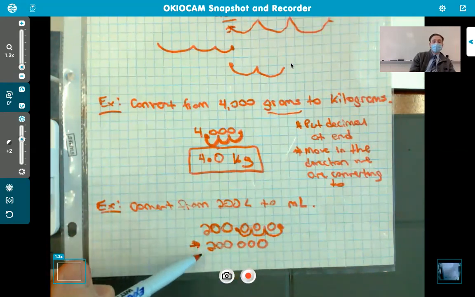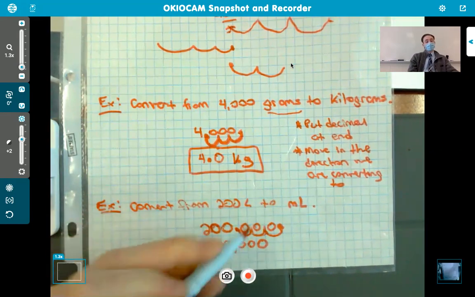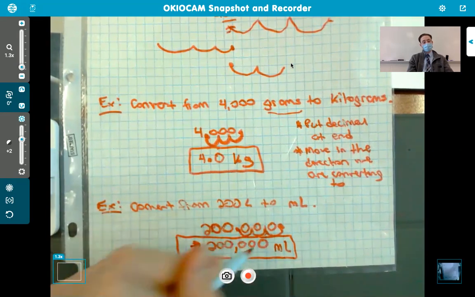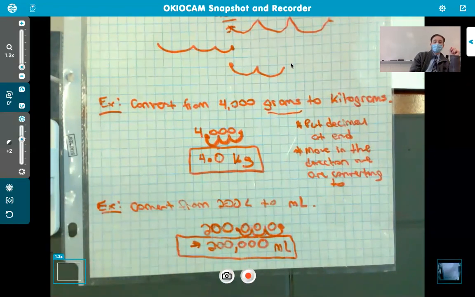What's that number on the bottom? Not 20,000, 200,000. So 200,000 milliliters makes up 200 liters. That's your conversion.